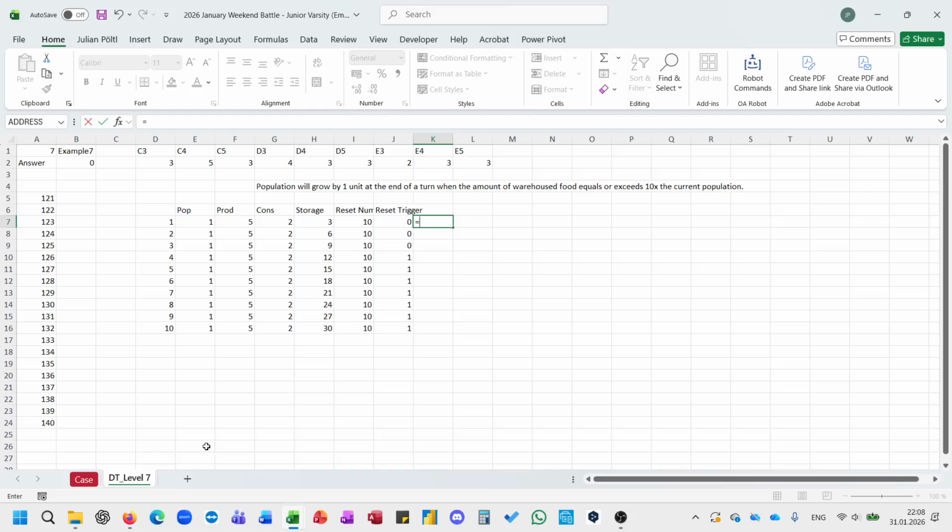Reset trigger equals, if this, then if this, then minus, otherwise 0.